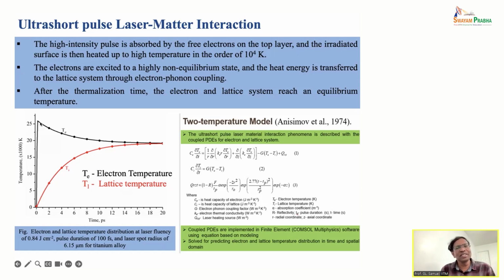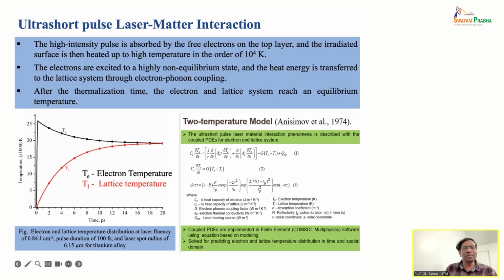Once the pulse is stopped, they start cooling, but the electrons which have absorbed energy continue to give energy to the lattice. Once you give the pulse, the electrons absorb the energy. Then once the pulse is stopped, the temperature decreases.